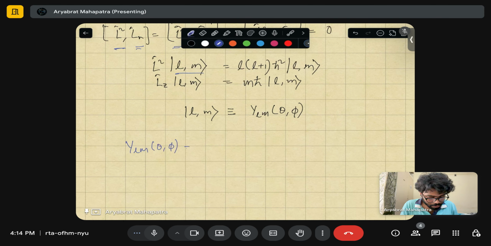These things would also have been derived in your lectures, so you can check them. If there is any problem, you can always ask. These are very lengthy calculations to prove how these wave functions come from the Schrodinger equation. When you solve a spherically symmetric potential, you get this wave function.